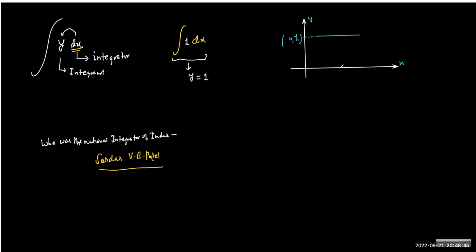Yes or no? Yes, sir. So if I find the area up to x, let's say I find the area from 0 to x, how much will I get? What is the area of this rectangle?